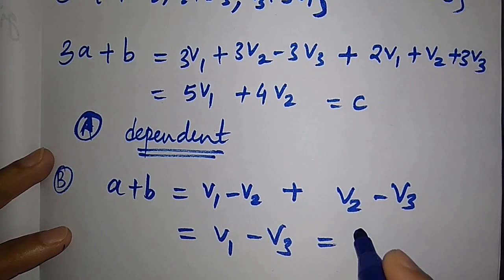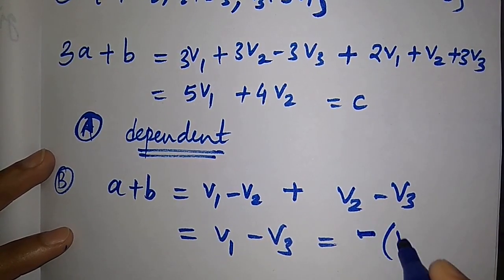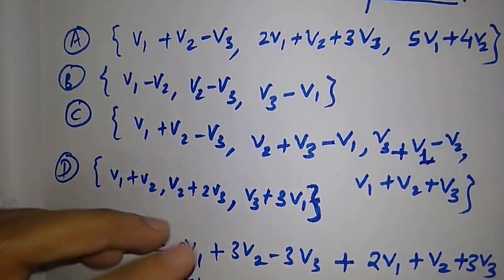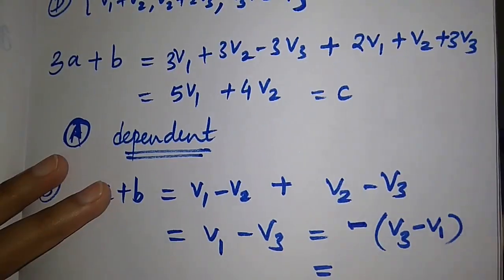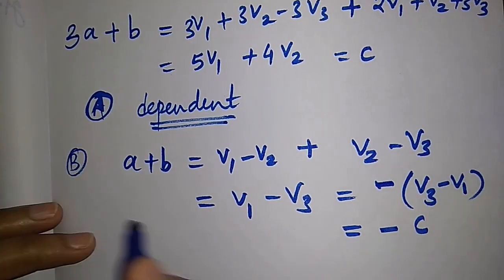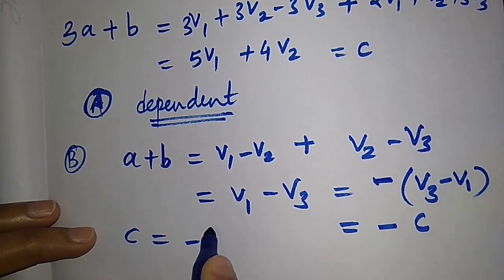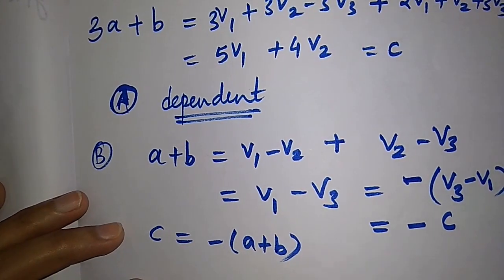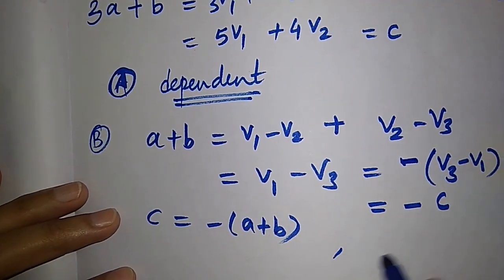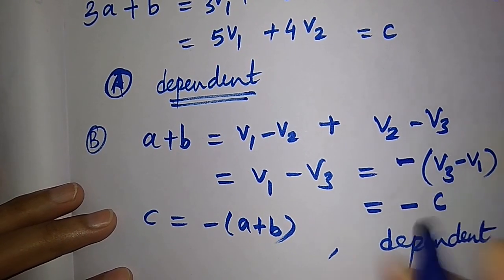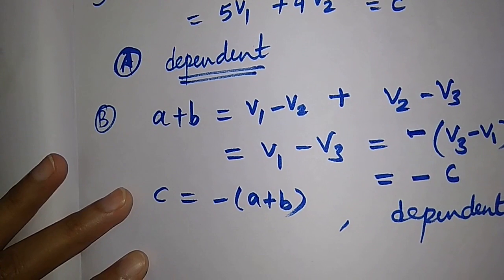Now I can write this as minus of V3 minus V1, which is nothing but minus C. So again we have C as minus of A plus B. That means this is just a linear combination of the first two vectors. So this set is also dependent because one element is dependent on the other two elements of the set.